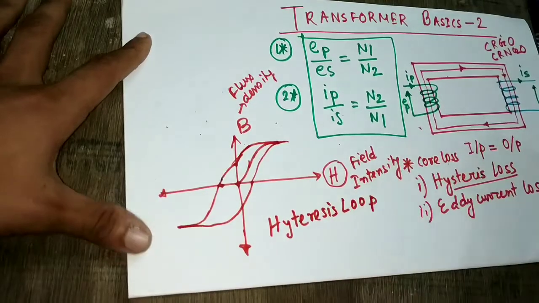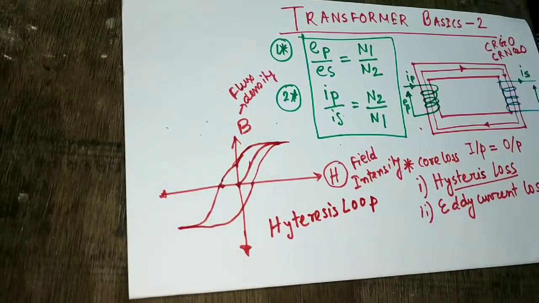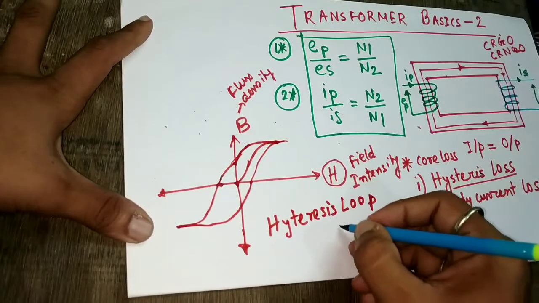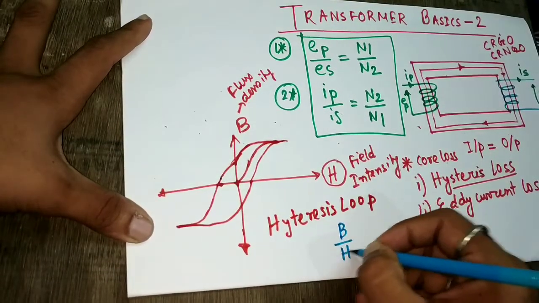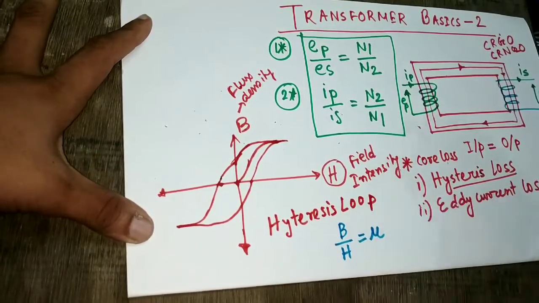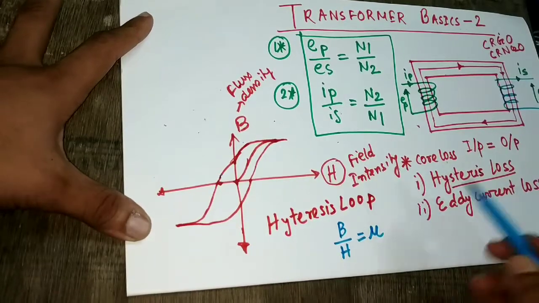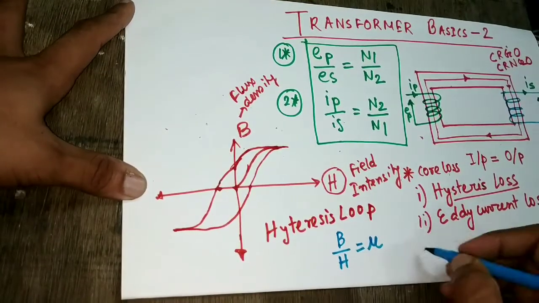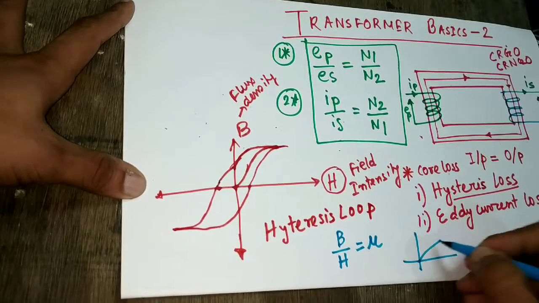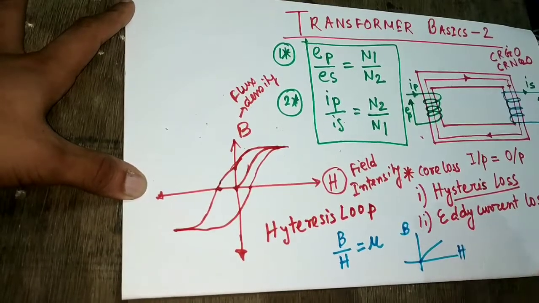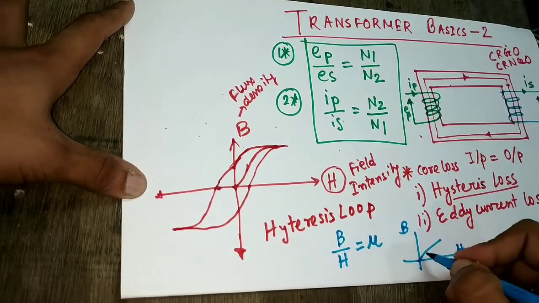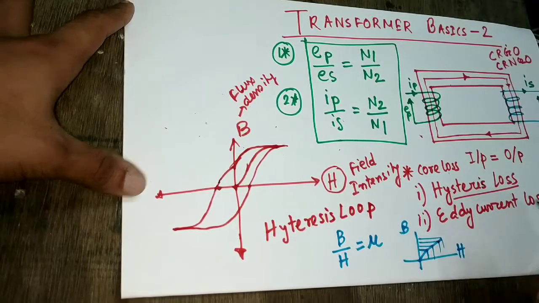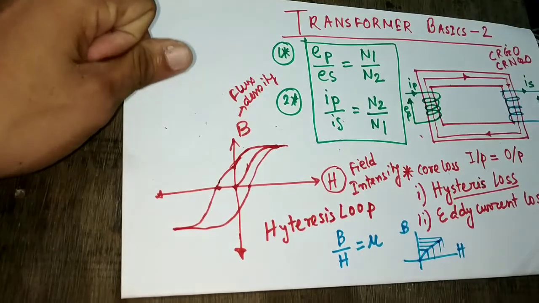In the hysteresis loop, the slope of the loop, that is B by H, is mu. Now, in ideal cases, in vacuum, the B-H curve is a straight line, where mu is a constant, because the slope is always constant in a straight line. But here, mu is not constant.